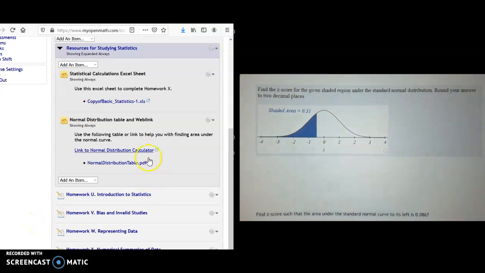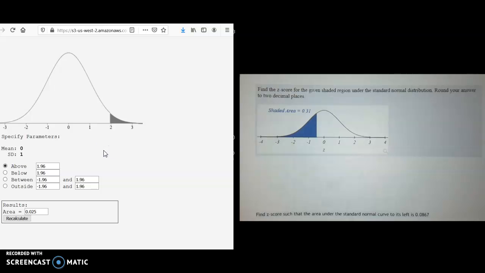Now we can't use the normal distribution calculator because it doesn't go backwards, right? So we can't put in an area and have it give us the z-score. So we're going to have to do this the old-fashioned way.